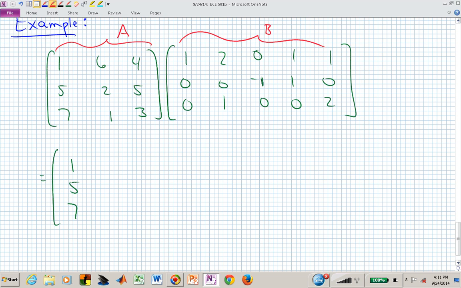Meaning, I simply look at this coefficient weighting the first column, this coefficient weighting the second, and that 0 is scaling the third column. In that case, all I'm doing is weighting the first column by 1, and I can immediately write down 1, 5, 7. If I do that for the second column, what do I need to do?